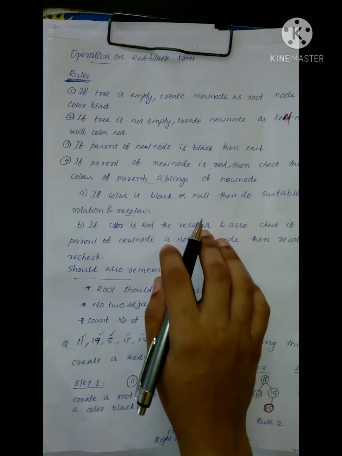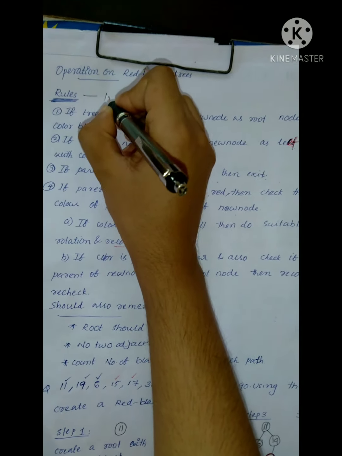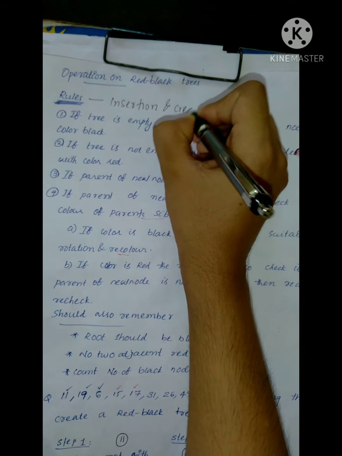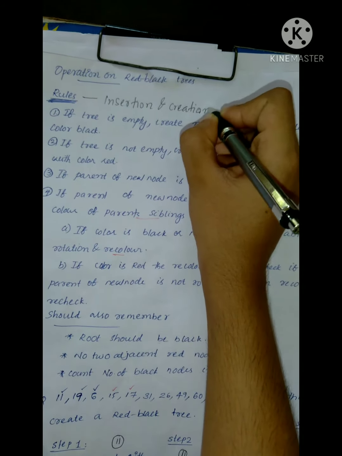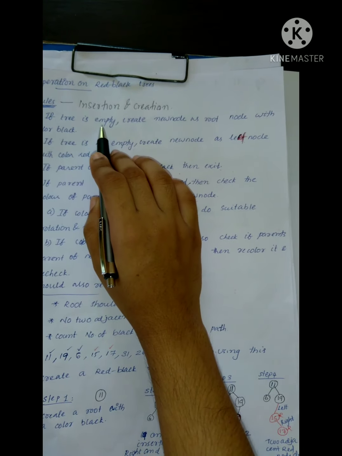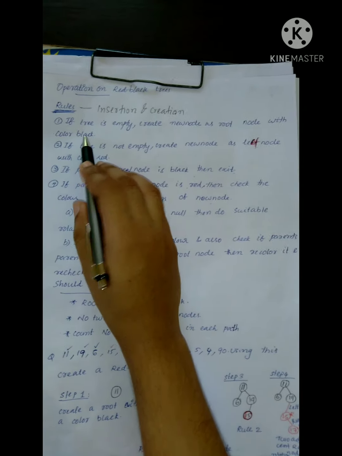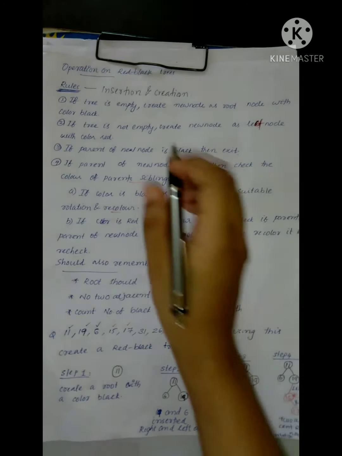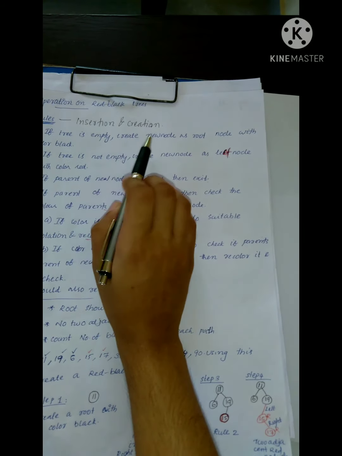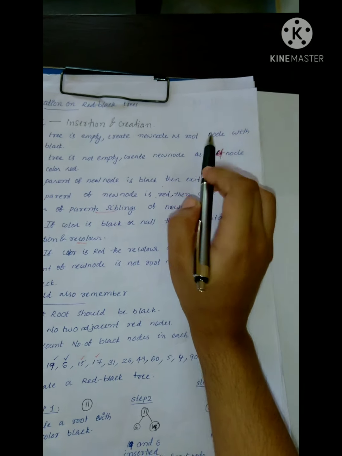Now we can go to the operations on a red-black tree. There are some rules for insertion and for creation. First rule: if the tree is empty, create the new node as the root node with color black. That is, when the tree is empty, we create a new node as the root node and its color will be black.